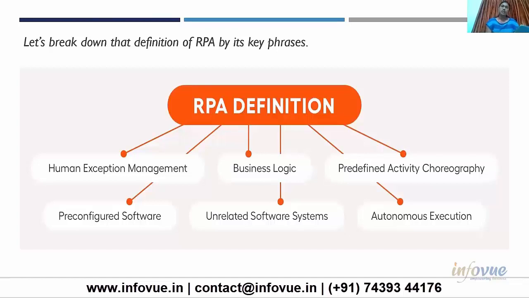Sometimes employees are involved in the processes automated with RPA tools, resolving unpredicted events or performing cognitive actions. This includes a wide range of actions, from a small request for input data to a full stepping in where a person handles the whole process. Okay, so this was about the key phrases in the RPA definition.